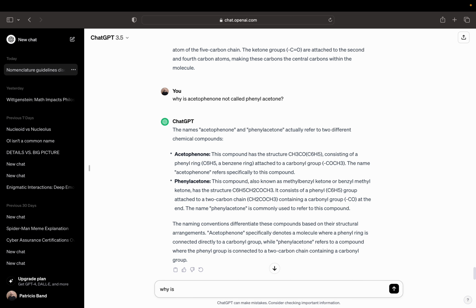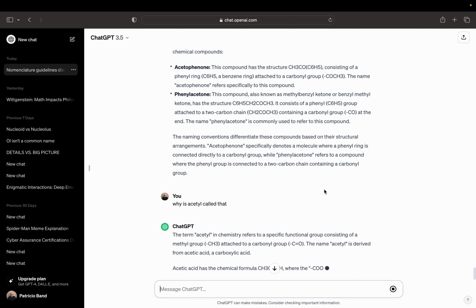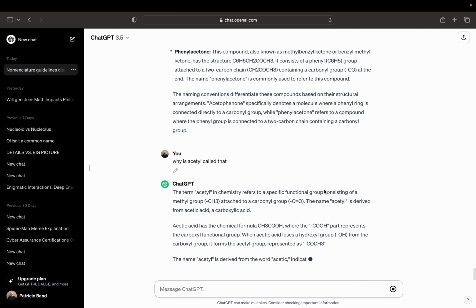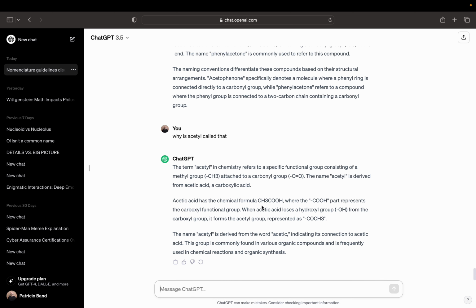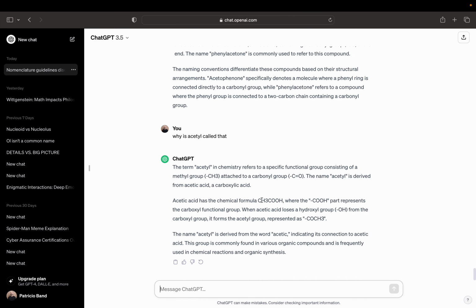Why is acetyl called so? So acetic acid is the CH3 on one side, on the left, C double O, and then OH on the right side.